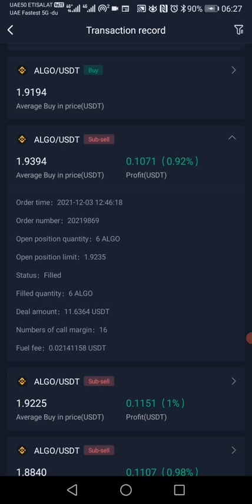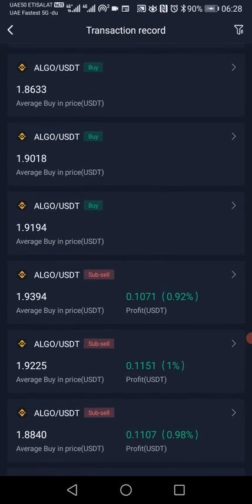So if you look at this page now, you see the order time, the order number, the open position quantity, open position field, status, field quantity, deal amount, the number of margin calls. That's second to the last on this particular expand that I made now. You will see it is on the 16th margin call. Understand? So it sold at the 16th margin call. What that simply means is that the next buy will be at what? 17th margin call.